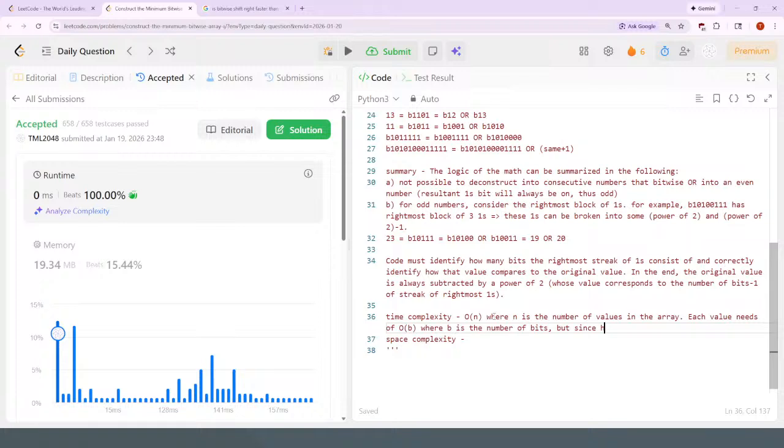But since here bits is maximally like maybe 32, this might be considered constant. There's O of n times b, where b is a constant. Space complexity can be O of 1, since no extra space is needed.